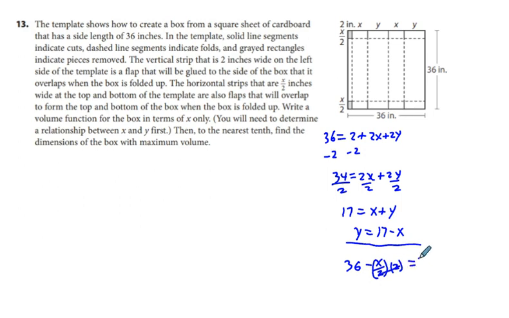So we get 36 minus x. And then the last side is this height here, x. So we have 17 minus x, 36 minus x, and x. So that's going to be it.